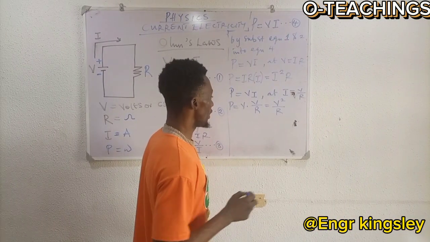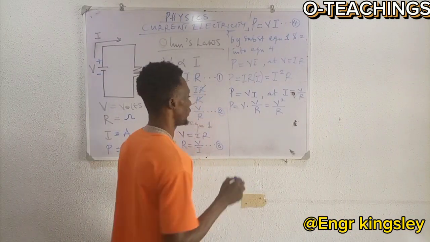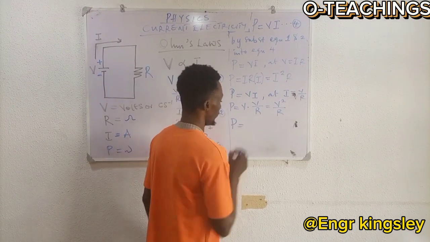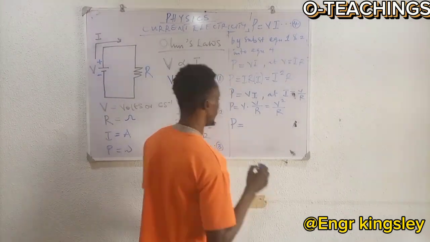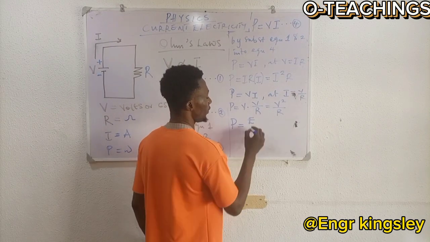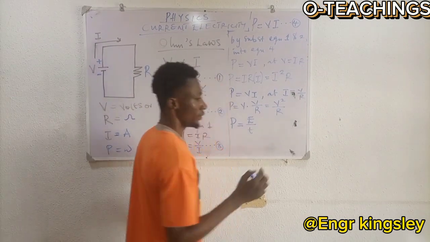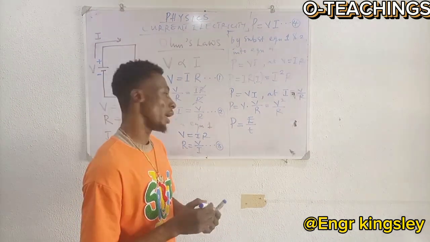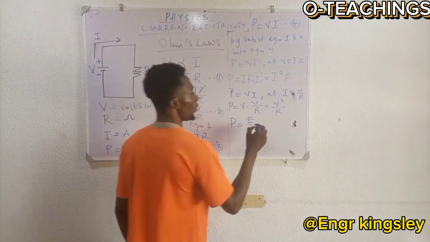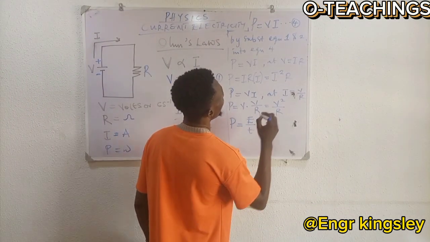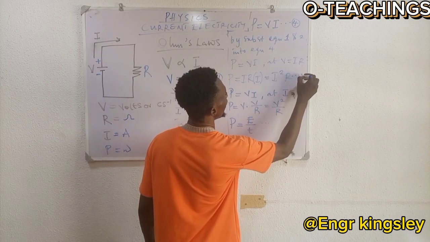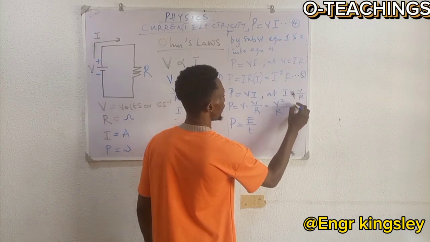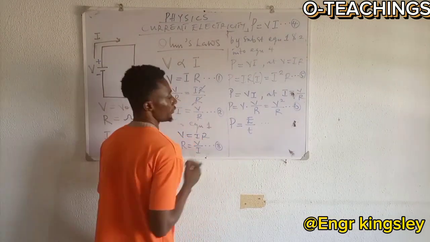Previously I was telling you that electrical power P is the rate of energy flowing in this conductor with time. So let me call this equation 5, here equation 6, and here equation 7, so that it will be clearly defined.